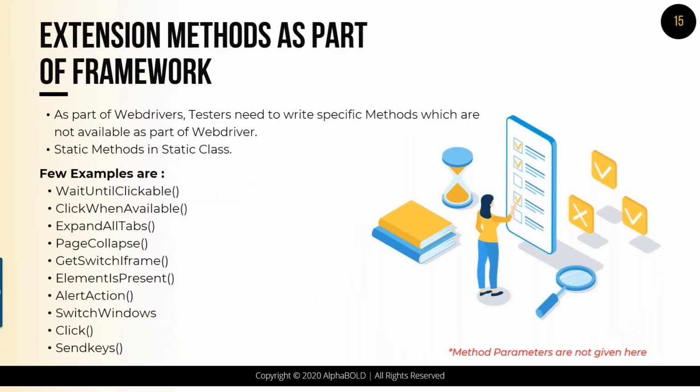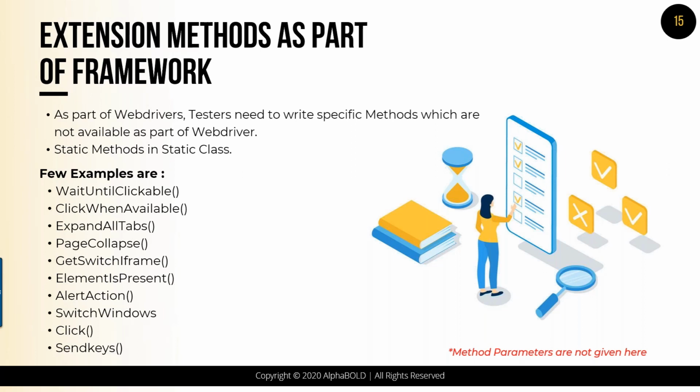Now, talking about all the automation frameworks and automation test cases, we talked about the helping methods or extension methods. As part of WebDriver, testers need to write specific methods which are not available as part of WebDriver. Let's talk about the examples. Like wait until clickable, where the element should be clickable and we should wait until then.